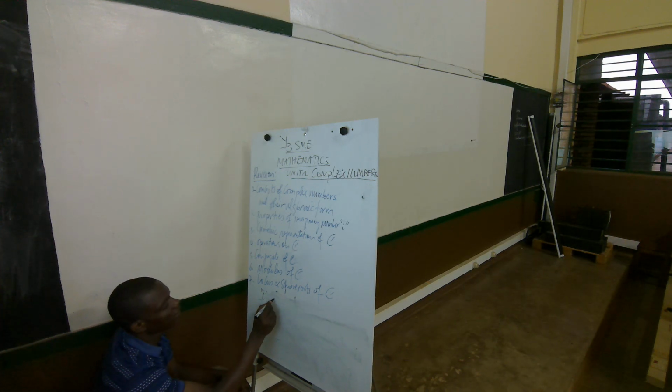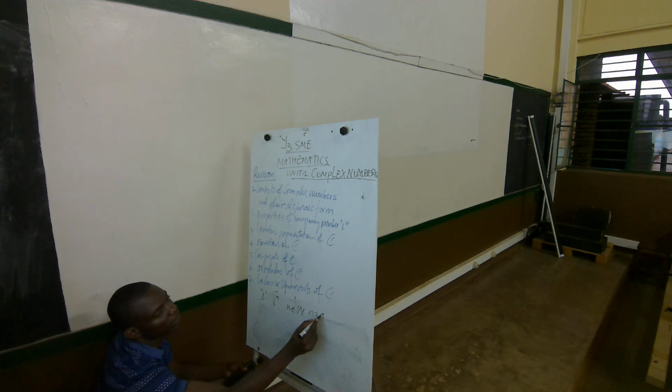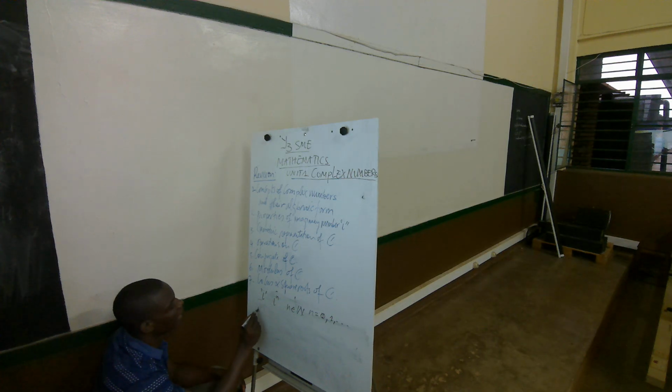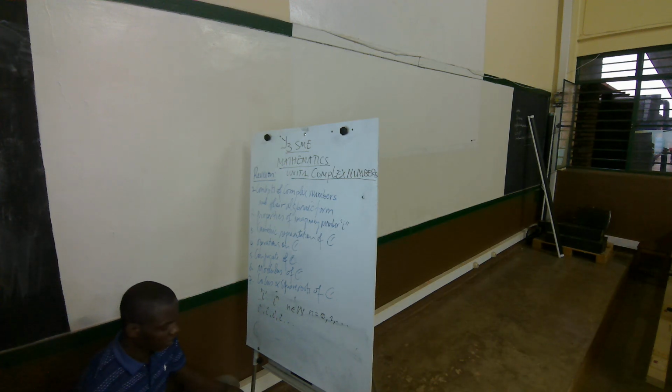We can say that i power n, where n is a natural number, starts from 1; you can also start from 0, 1 up to infinity. If you remember, we can find i power 1, i power 2, i power 3, i power 4, up to n. And we have seen those properties.